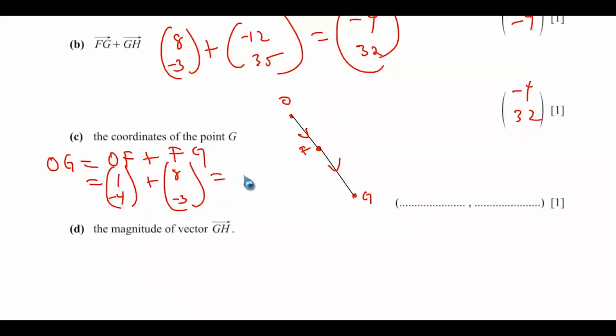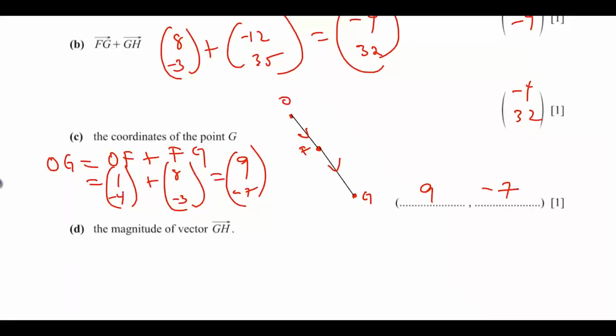If you add them together, 1 add 8 will be 9. Then minus 4 add minus 3 will be -7. So the coordinate of point G will be x equals 9, y equals -7.